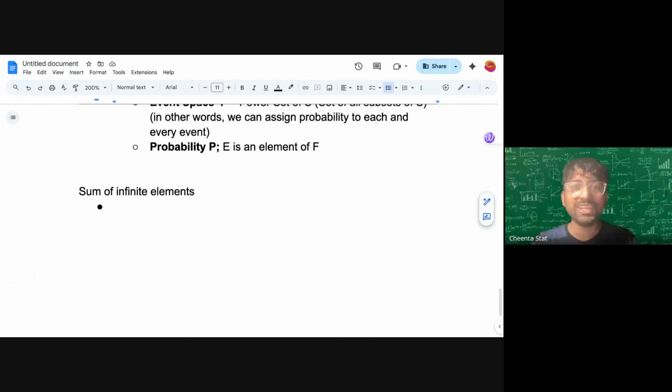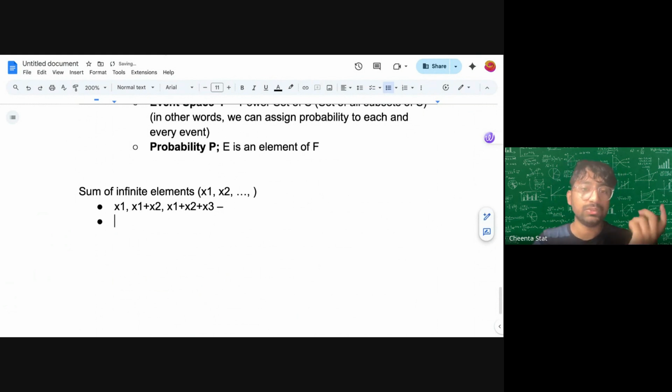So we do not define infinite sum directly; we define it through a countable process. We have infinite elements, let's say x1, x2. As I said, the question you thought was unimportant was the most important part, so please keep on asking questions. So what we do is we have x1, then x1 plus x2, then x1 plus x2 plus x3. These are called partial sums, and we keep on doing this. So we get a sequence, right?